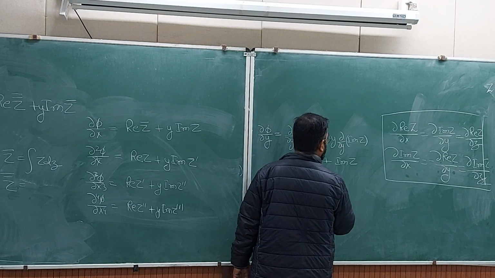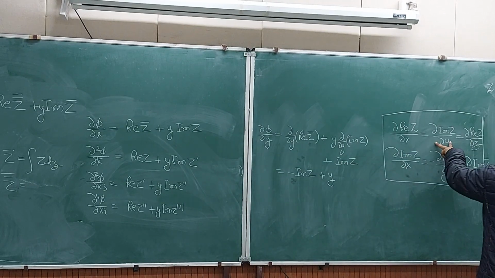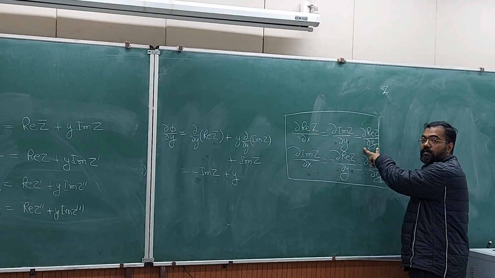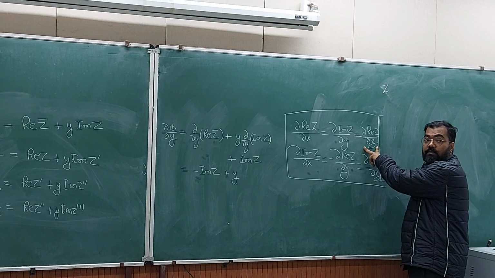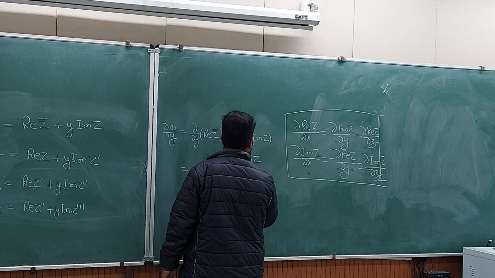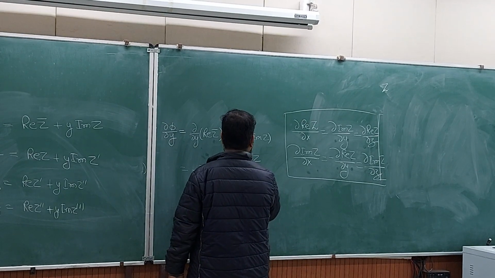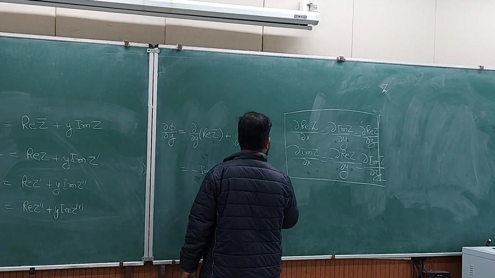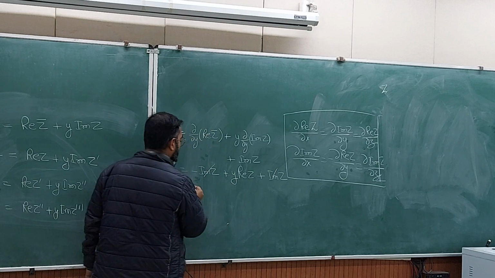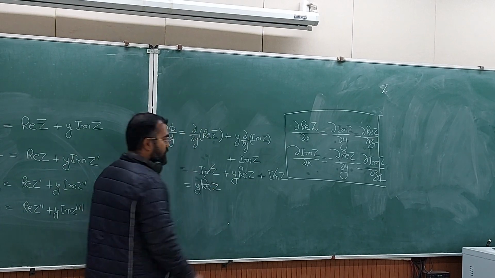Then we have y, and del y of imaginary part of z is what? This is equal to real part of z. So y real part of z, and then we have... So we don't need to do anything here. So this is imaginary part of z. So this cancels out, and this is equal to that.